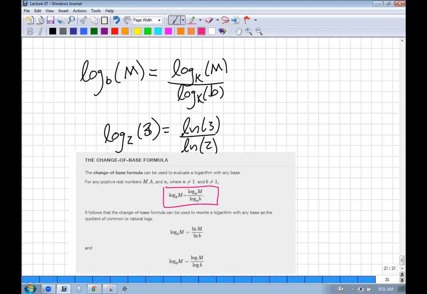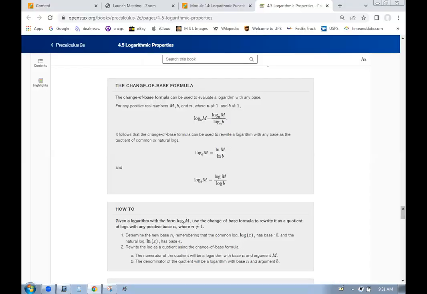They'll change from base B to base N. All I had to do was divide by log base N of the old base. Let's look at some examples here.